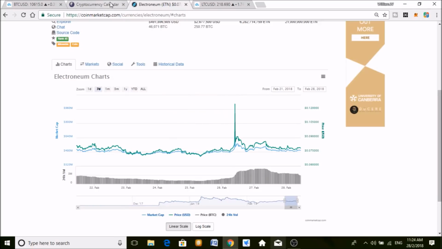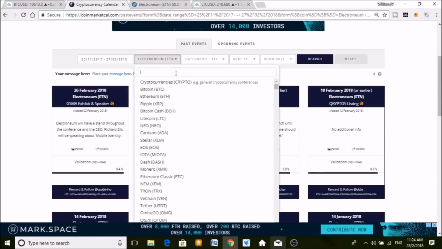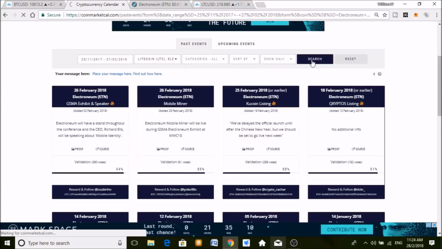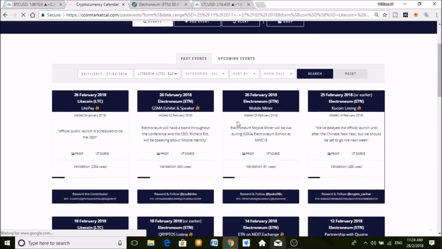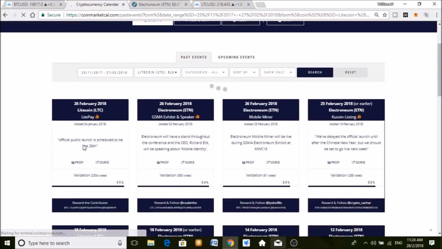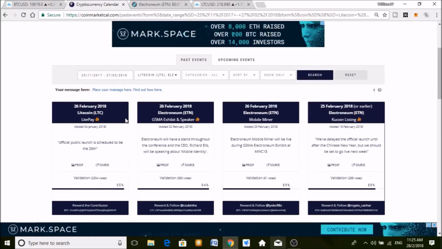And also, if we look at Litecoin, we can also see on the 26th of February, they announced that LitePay is going to be launched, which is big, because LitePay is going to be a big working product.